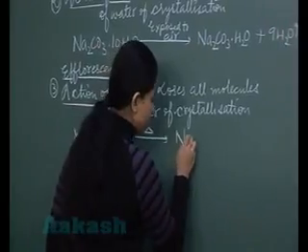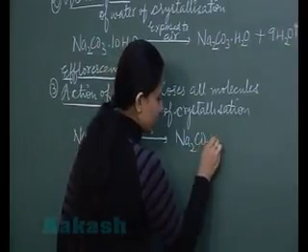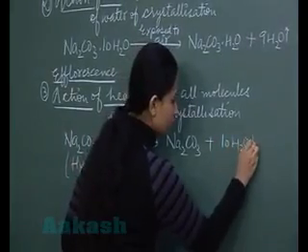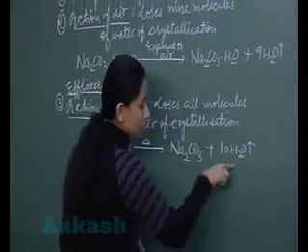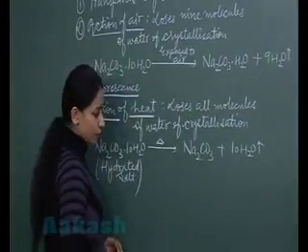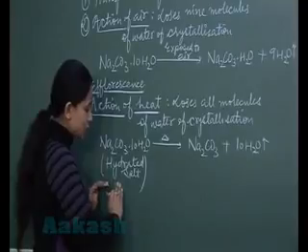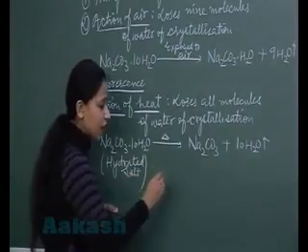So we get sodium carbonate, along with 10 molecules of water evolved in the form of water vapors. So students, on heating, washing soda changes from its hydrated state to the anhydrous state.